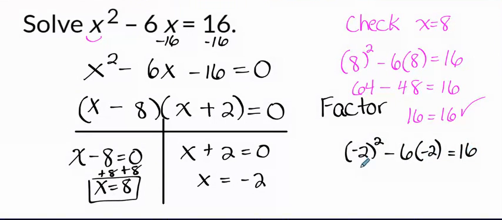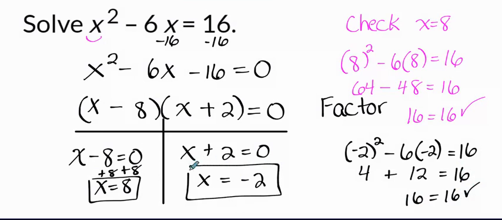And we'll get 4 plus 12 equals 16. And so this value also checks out. So this quadratic equation has two solutions of x equals 8 and x equals negative 2.